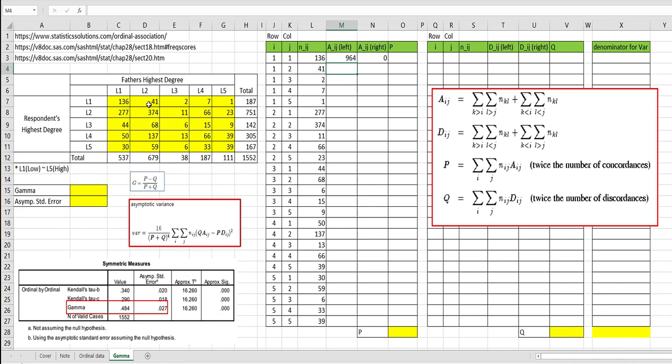For 41, the left part. So I will show you how to calculate all numbers without explaining further comments.